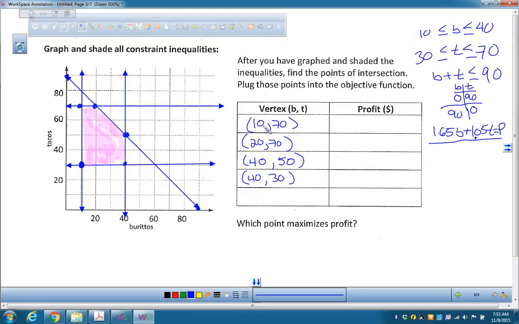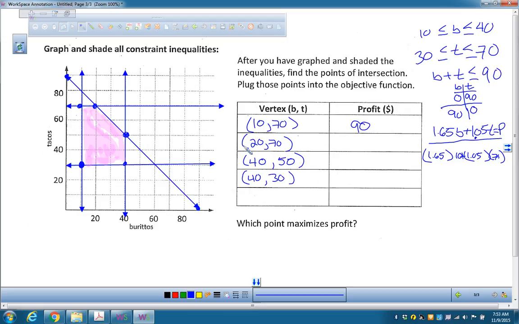So 10 comma 70, if I plug it in here, is going to give me $1.65 times 10, plus 1.05 times 70. And if I do that, that comes out to be $90.